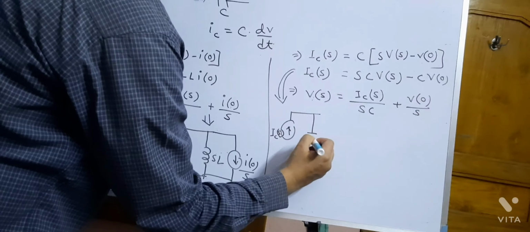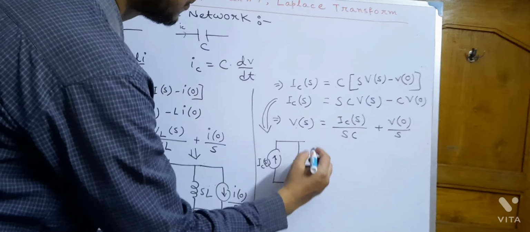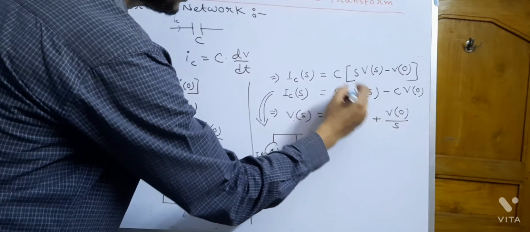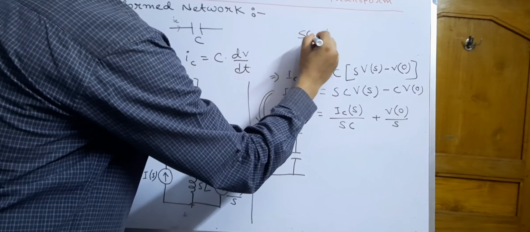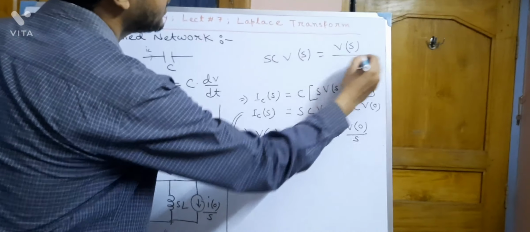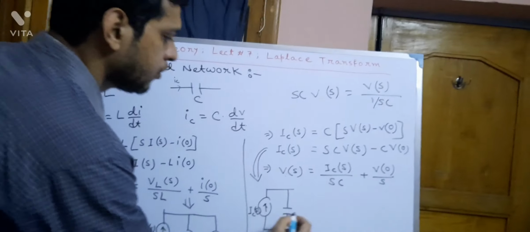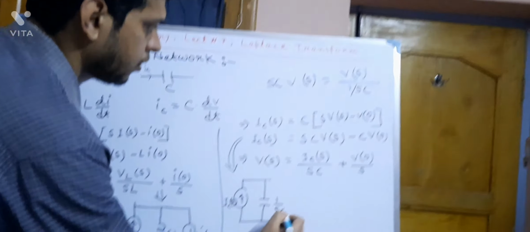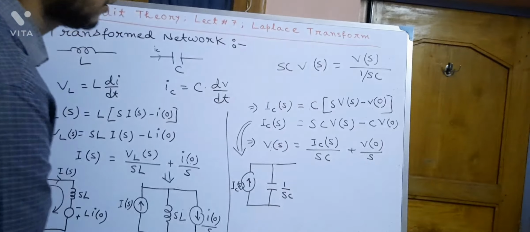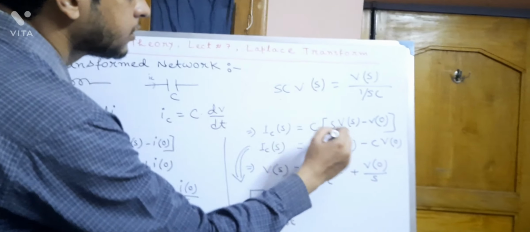and the equivalent impedance here is, this is 1 by SC into VS equal to, let us write, SC into VS equal to what?